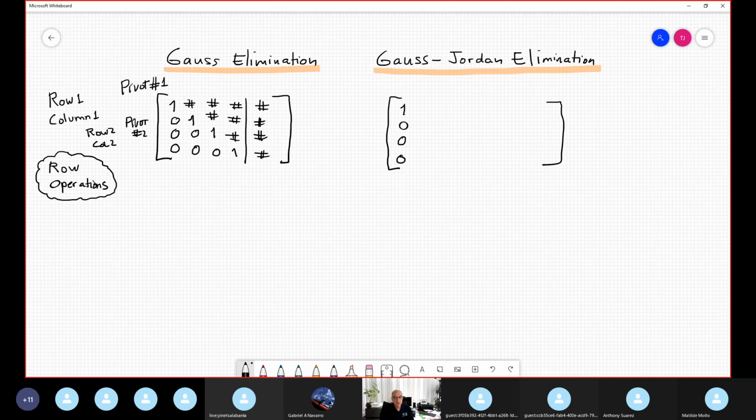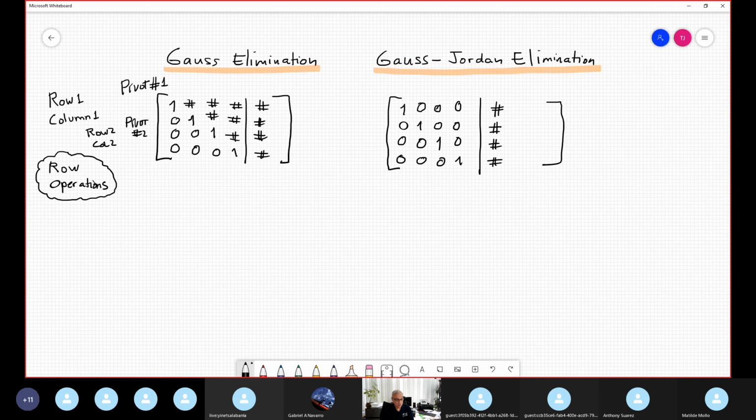It's exactly the same, but you create the second pivot and you create 0, 0, not only below, but below and above, in both directions. The third pivot is here. And the last pivot is here. Suppose we have here a number, and a number, and a number. And directly you get the answer.